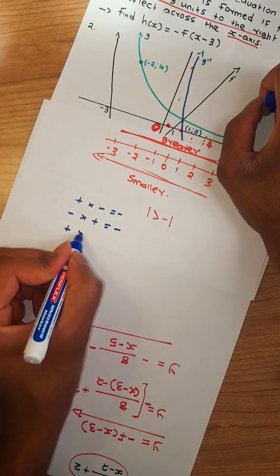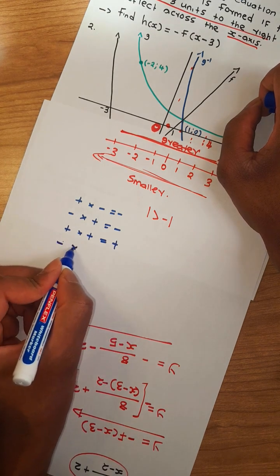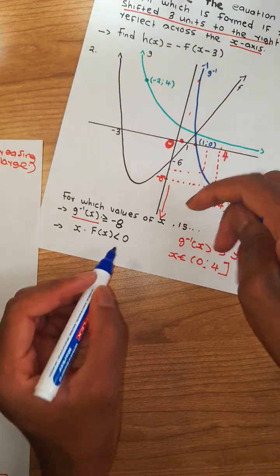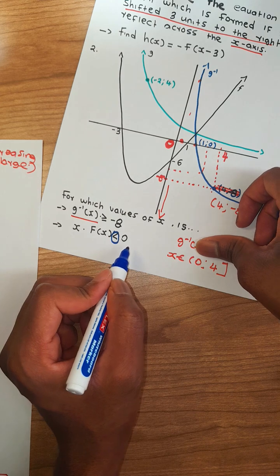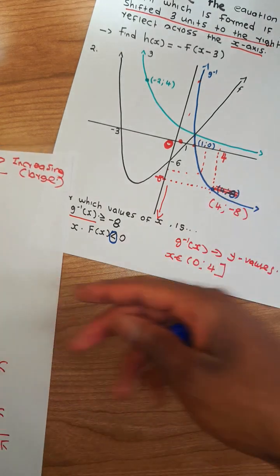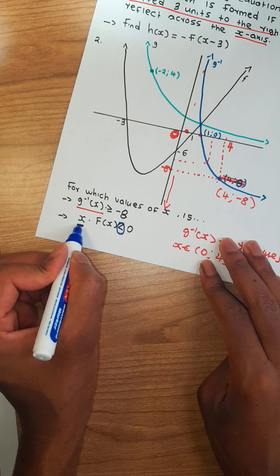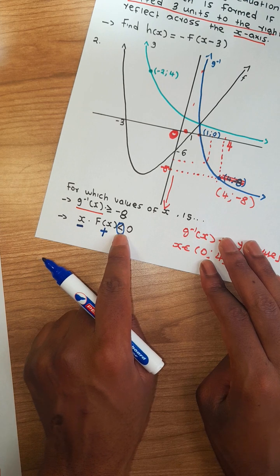If you have a positive and multiply it with a positive, you get a positive. If you have a negative, you multiply it with a negative, you get a positive. So they are actually looking for a minus, because less than 0 means a minus. So we want to check when x is negative and when f at x is positive, because this will give us a negative answer.